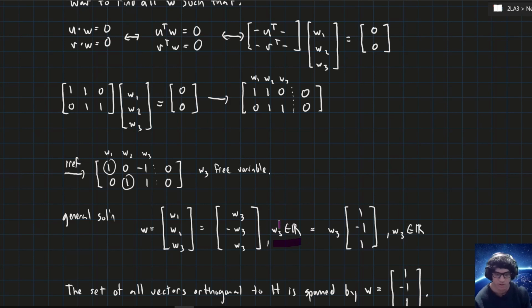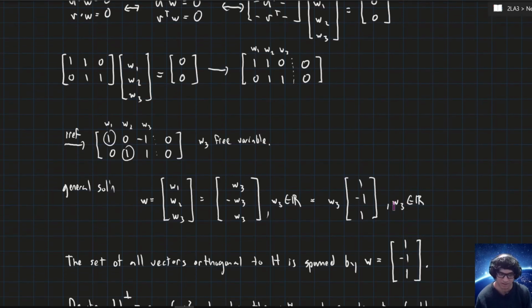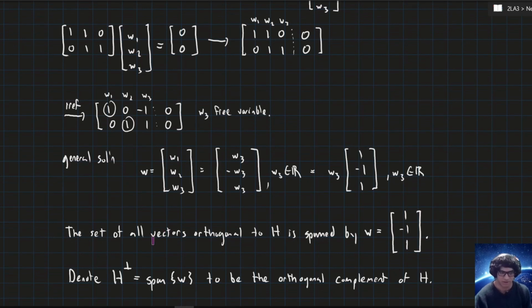Then I factor out w3 from this vector, and I get this vector here. So this vector, 1, -1, 1, is going to span the set of vectors that's orthogonal to H. The set of all vectors orthogonal to H is spanned by this vector.